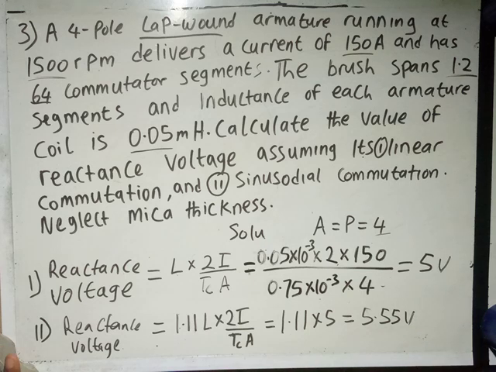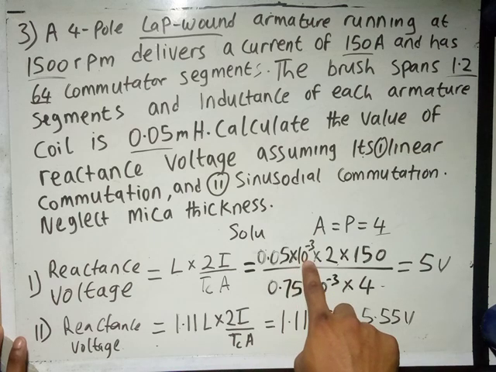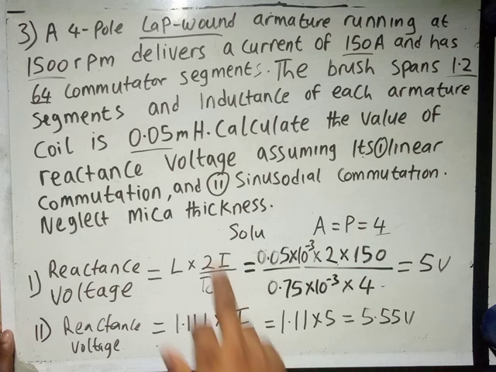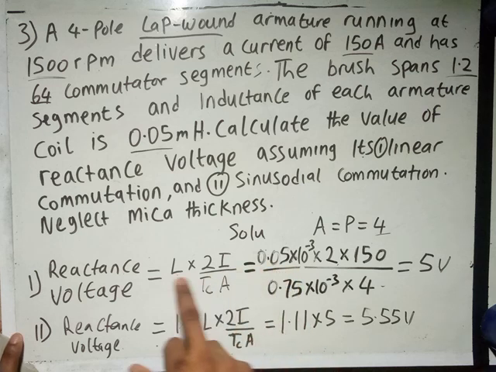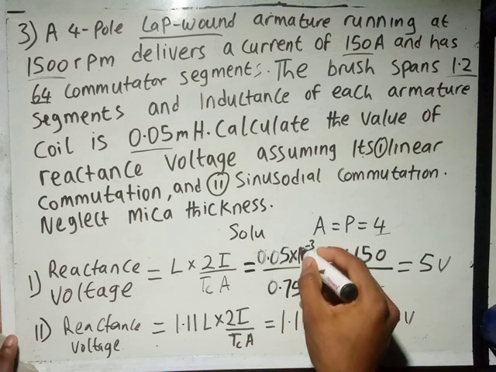Before I conclude, you might be asking about this 10 raised to power minus 3. I'm only adding it there for the sake of clarity. Our time was in milliseconds and our inductance was in millihenry, so these can actually cancel out.